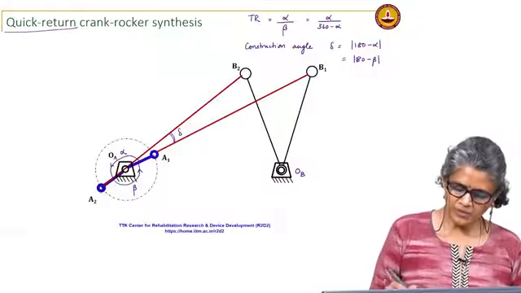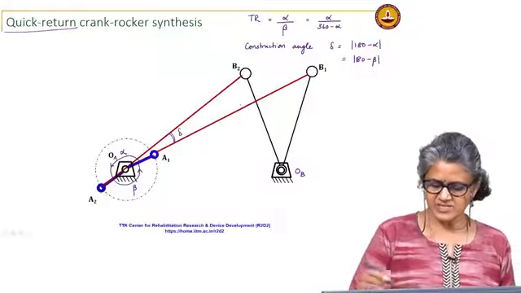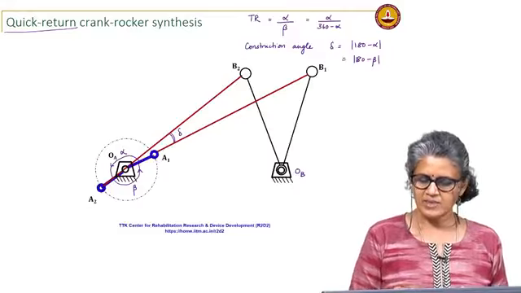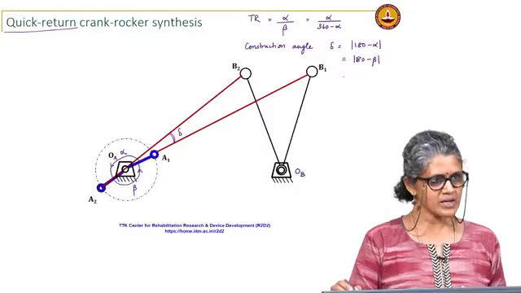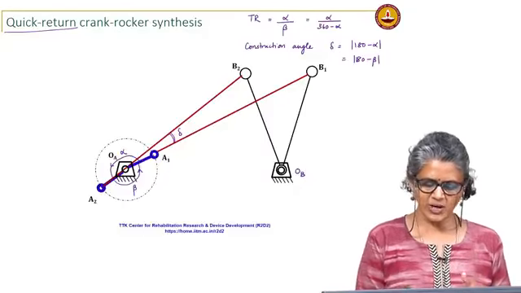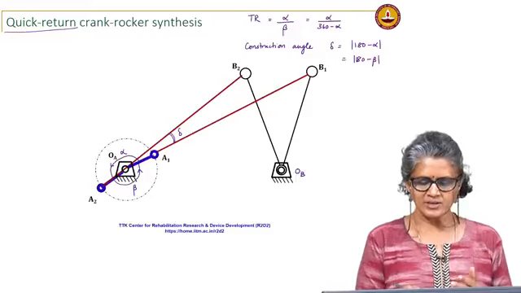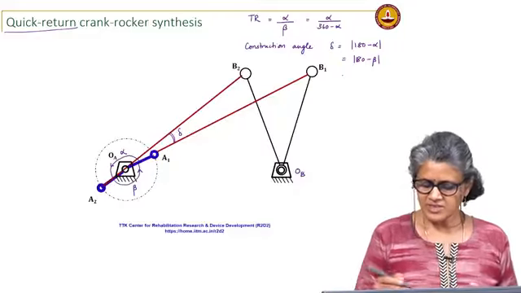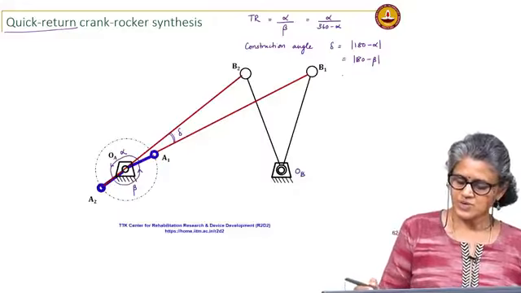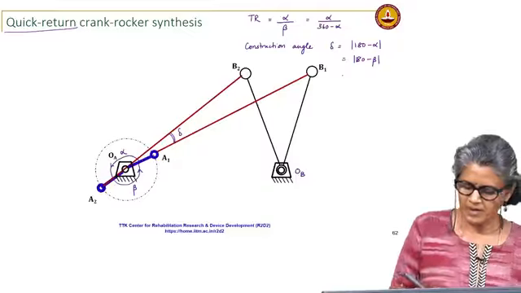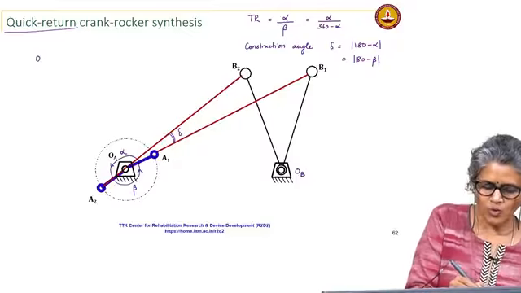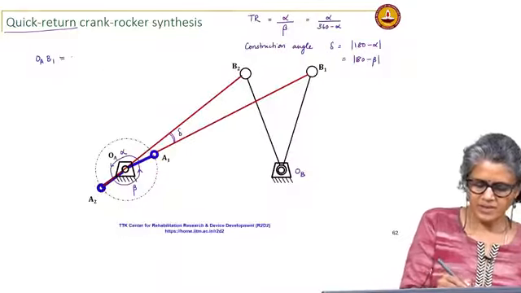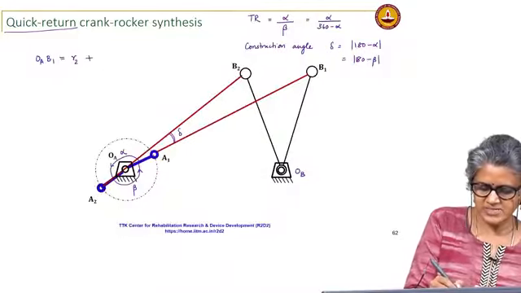Now, if I look at this mechanism, these are the two extreme positions. These are the positions where the crank and the coupler are lined up, right, the two positions. One is folded on the other one, they are in line with each other. Here, OA B1 is R2 plus R3.